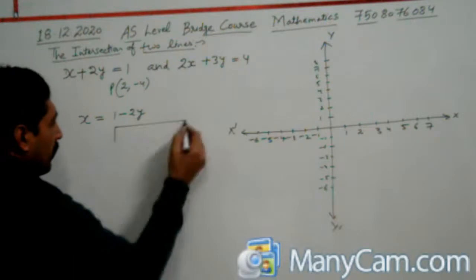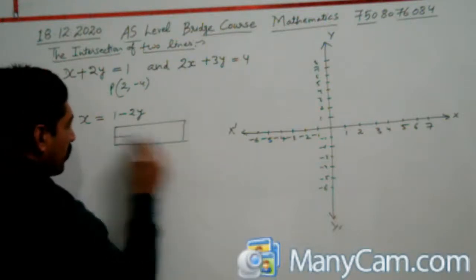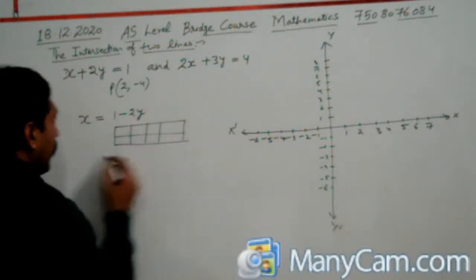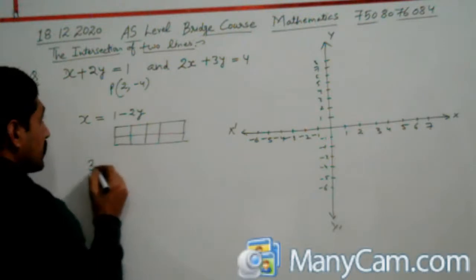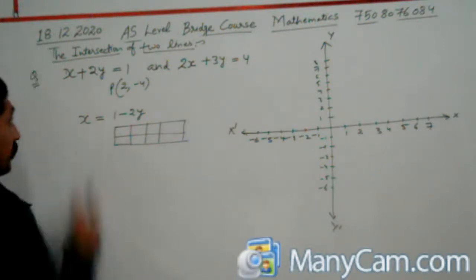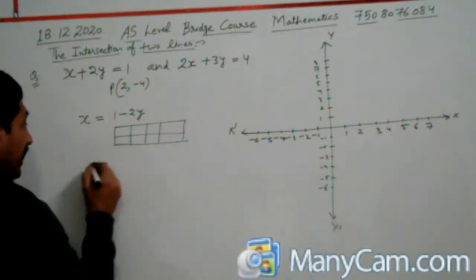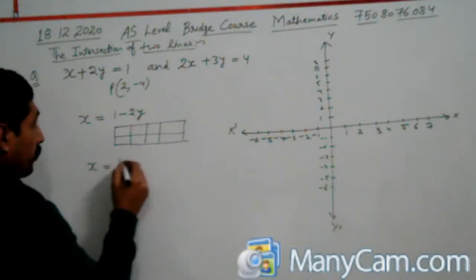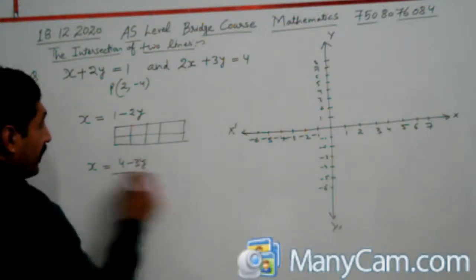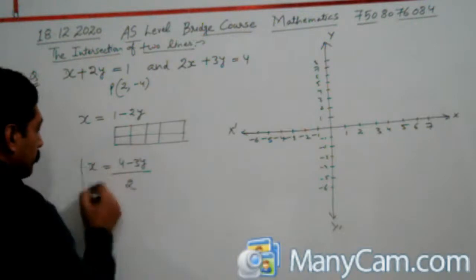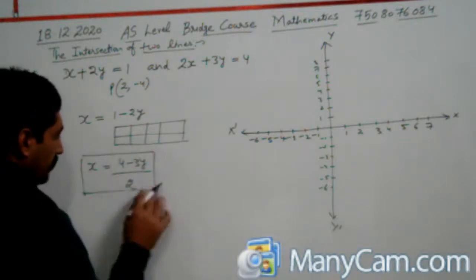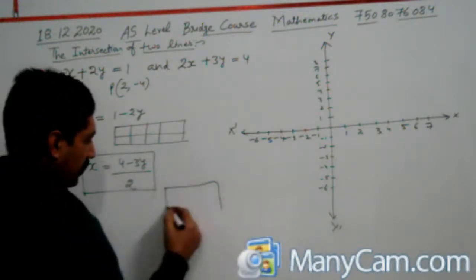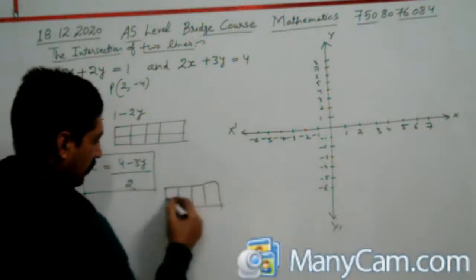We can make the solutions. And the other is 2x plus 3y is equal to 4, so here x is equal to 4 minus 3y divided by 2. For this we can make the solutions, right?